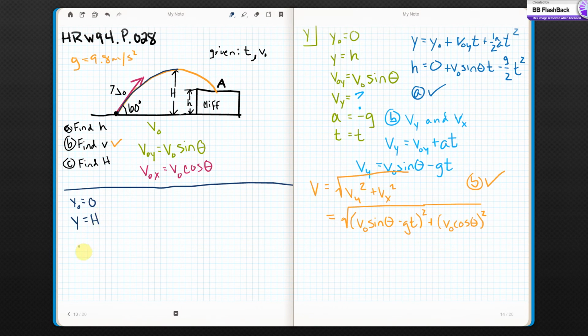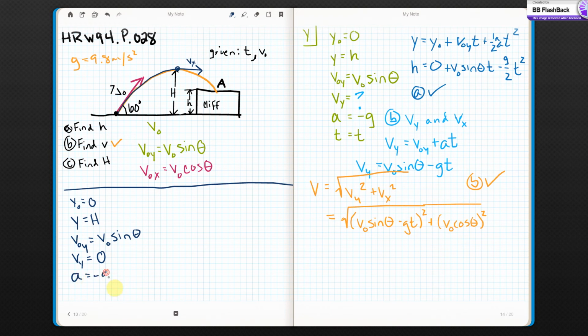Okay, let's see. V naught y, well, it still started with the same velocity, so that's the same: v naught sine theta. V in the y direction at this place is actually 0. Now, the projectile is still moving, but it's only moving in the x direction. At this point, it is only moving like that. There is no velocity in the y direction, so I can say that Vy is 0 at that place.